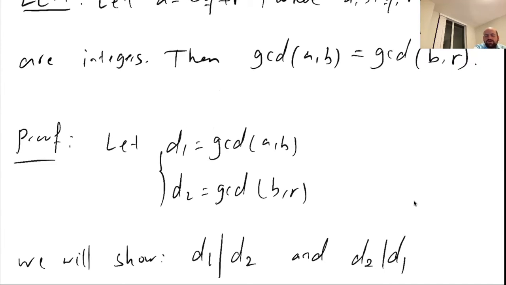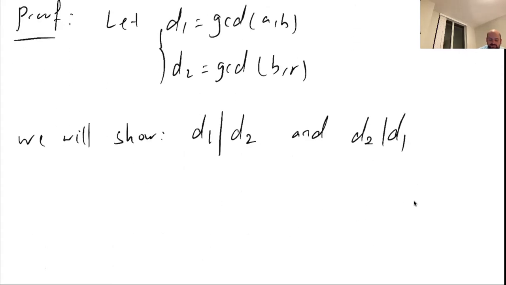But similarly in number theory, if you want to show that two numbers are equal, one way to do that, if both numbers are positive, by the way, is to show that D1, the first number, divides the second number and the second number divides the first number. In general, if A divides B and B divides A, then A is equal to plus or minus B.